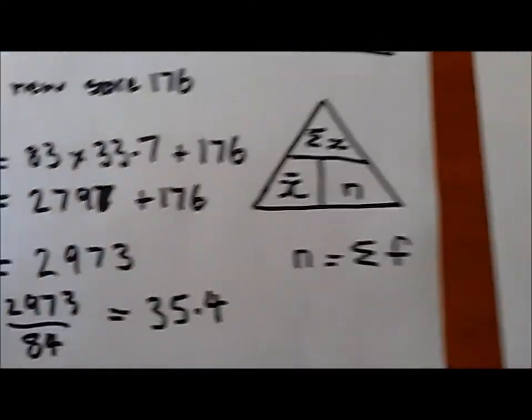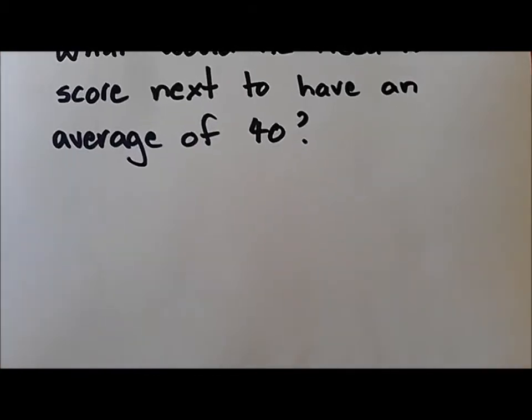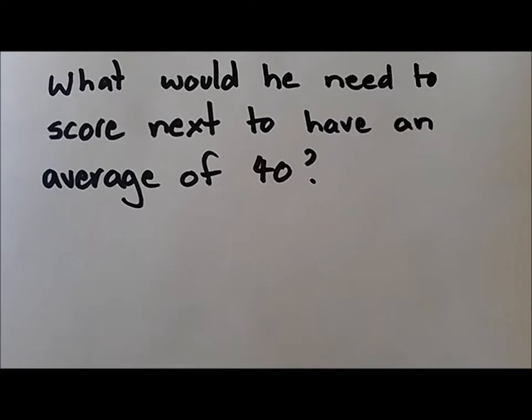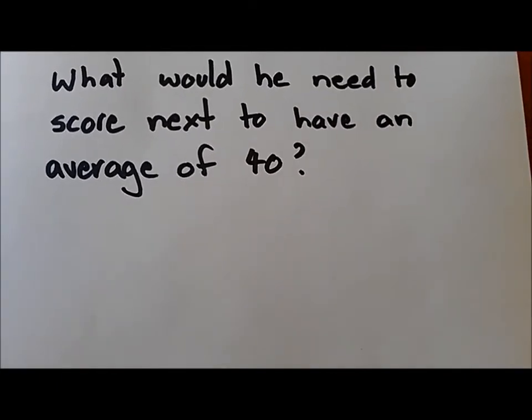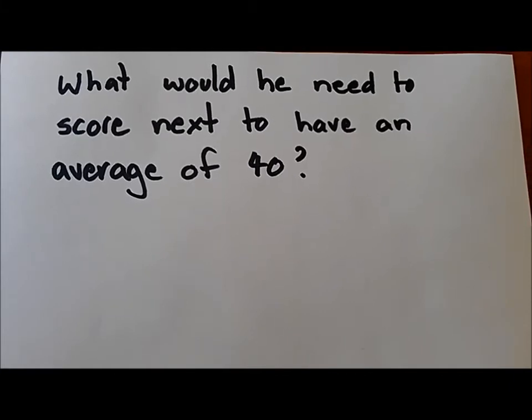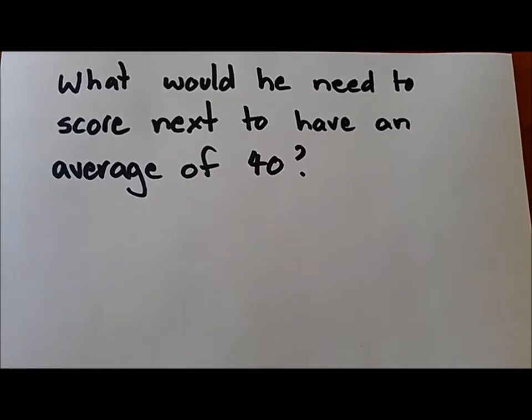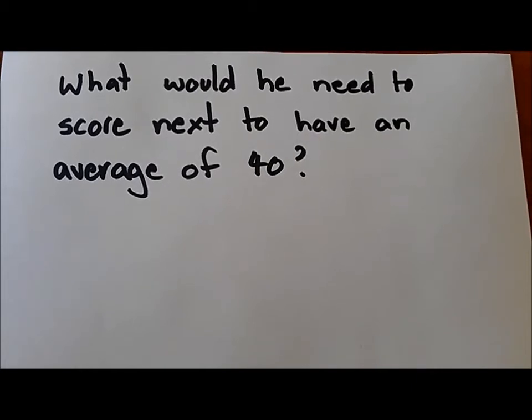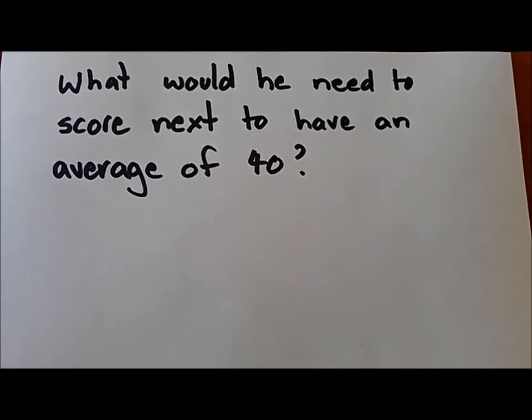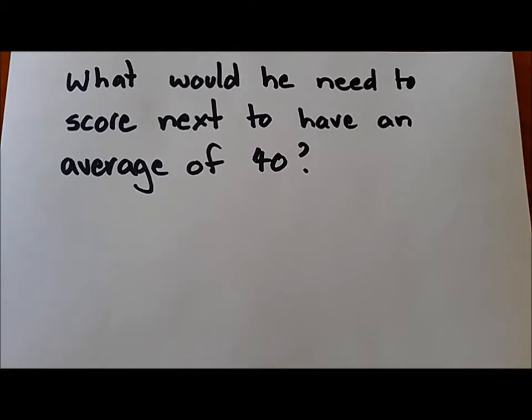However, in the golden years of Australian cricket, most of our openers had averages above 40. Most of our batsmen had averages above 40. So it made me think, what score would he need next if he's going to get to this nice 40 mark for his average? So I need to know what score he needs. So to do that, I need to know what possible sum there are.